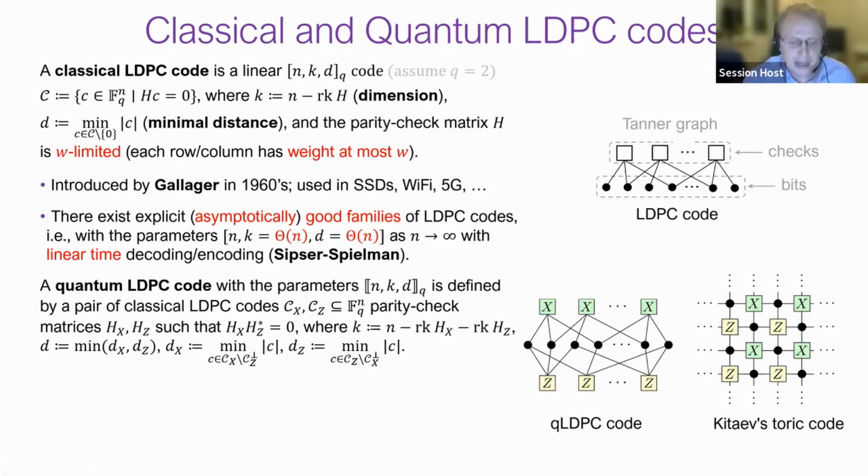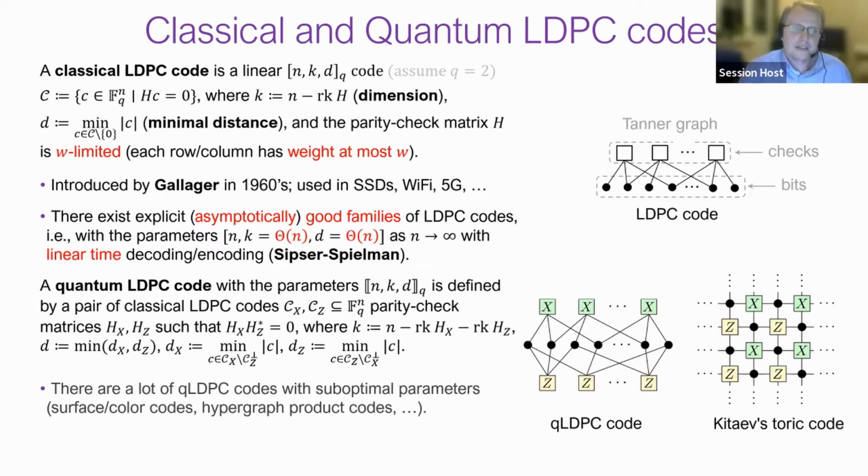And this, by the way, is much more important for quantum codes than for classical codes, because in a quantum code we do not want to disturb qubits too much, because each check is actually some measurement that we perform on the qubits, and we want to measure as few as possible.